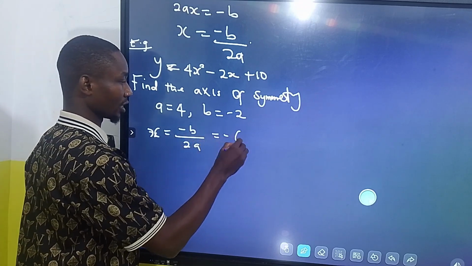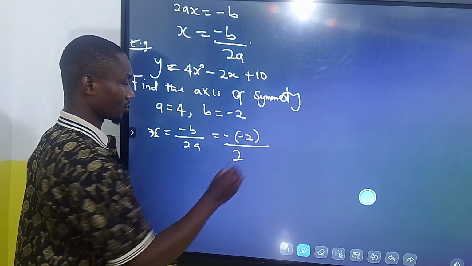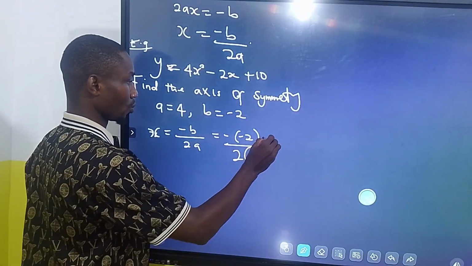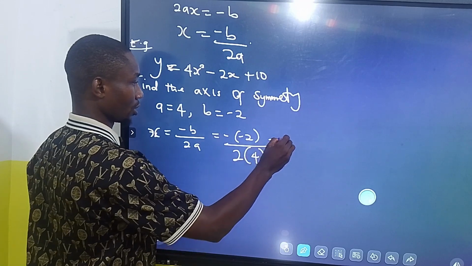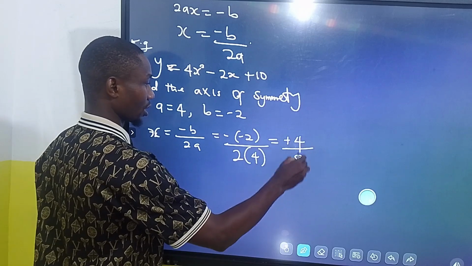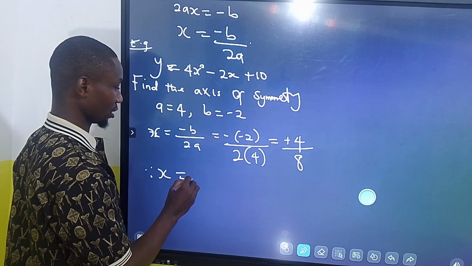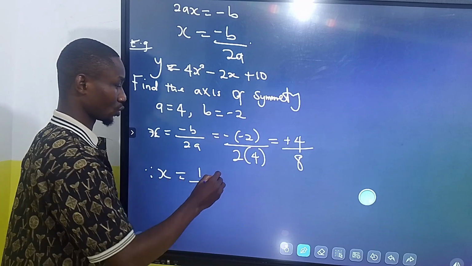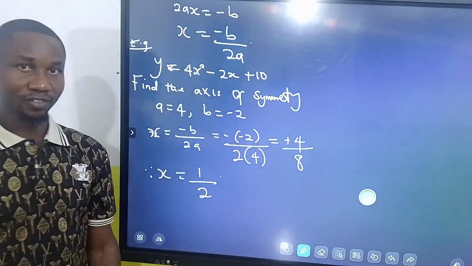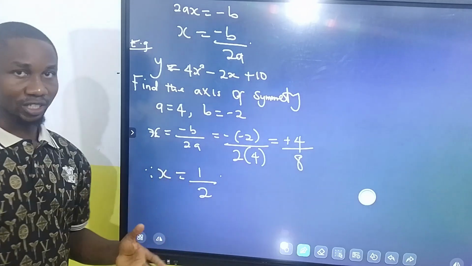So I have minus, b is minus 2, all over 2 times my a, which is 4. That will now be equal to minus, I have plus 4 all over 8, which therefore means x is equal to 1 over 2. It simply means when you plot this on the graph, you definitely get your axis of symmetry to be 1 over 2, that is 0.5.